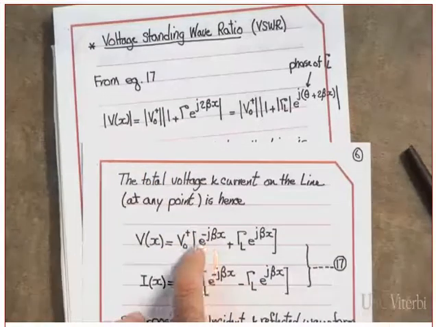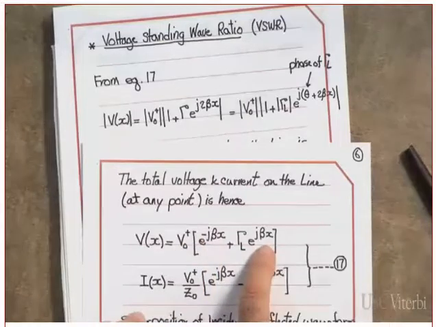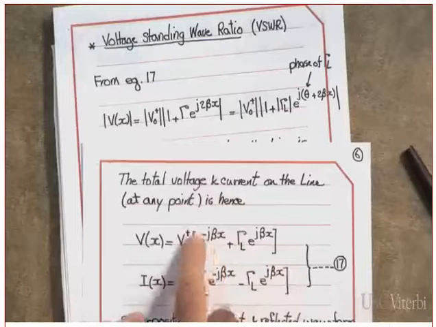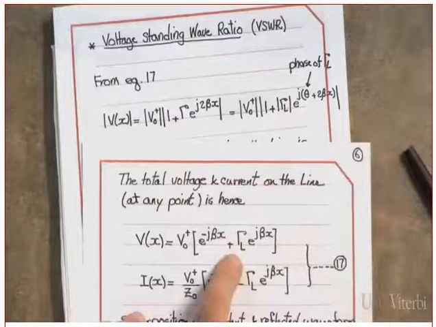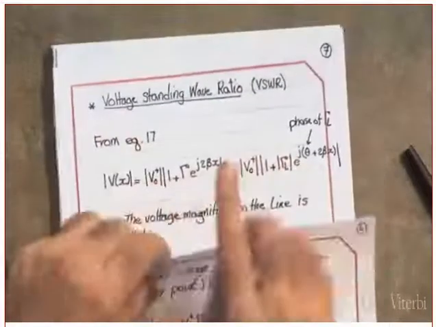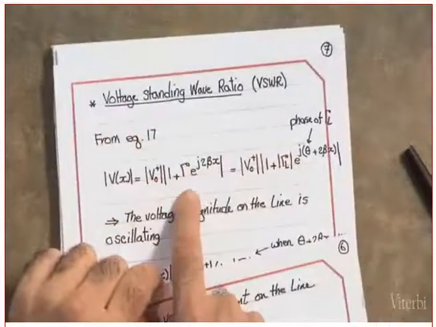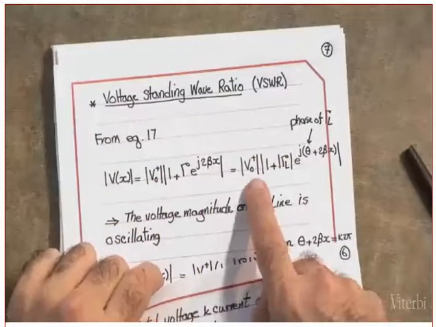Now, I want you to see what I did here. Can I factor this outside? E to the minus j beta x. What will this one become? E to the j 2 beta x. What is the magnitude of e to the minus j beta x? It's 1. That's a complex exponential. So did you understand this equation? Yes or no? Okay. And what is this equal to?